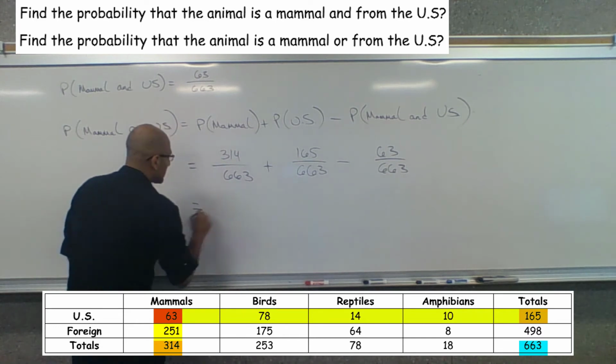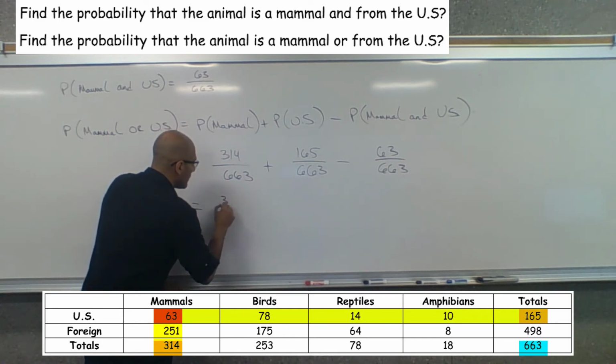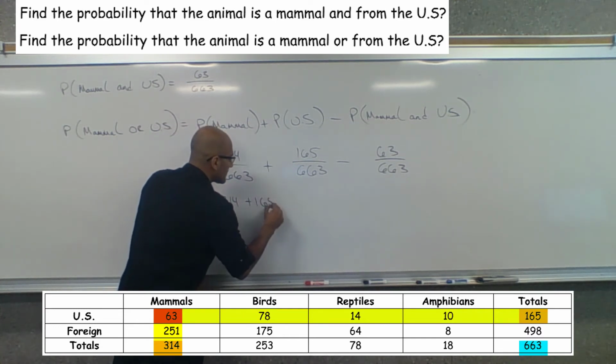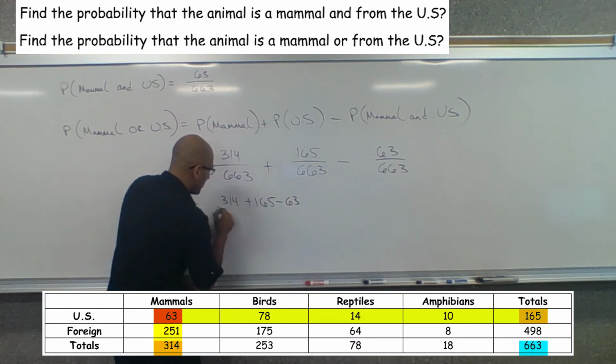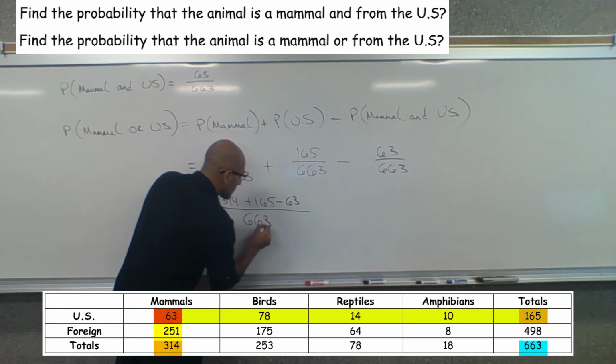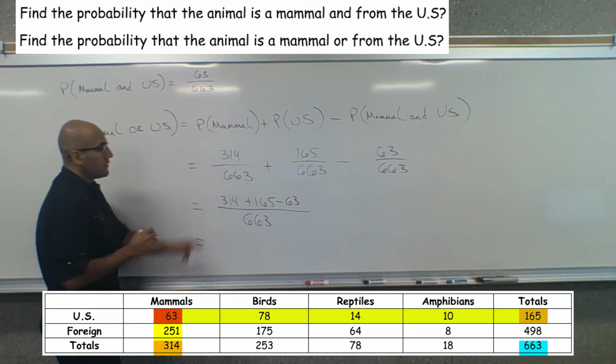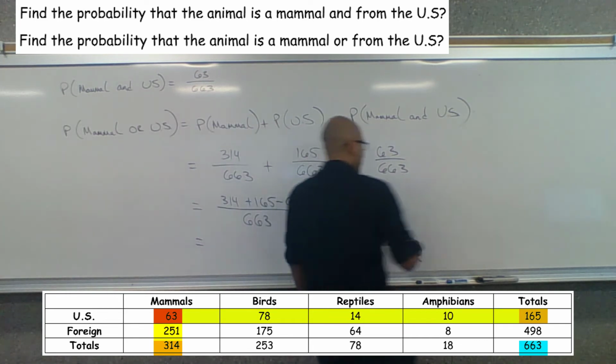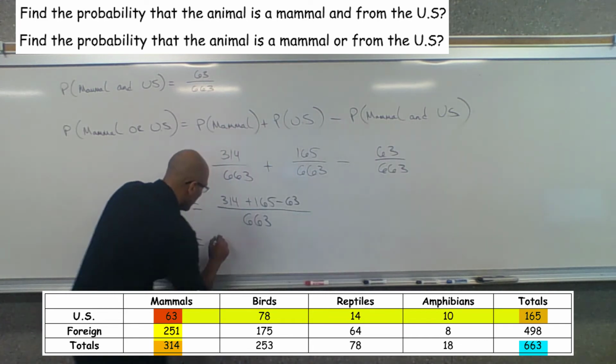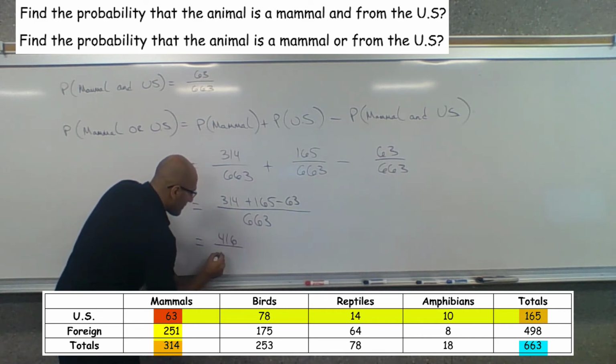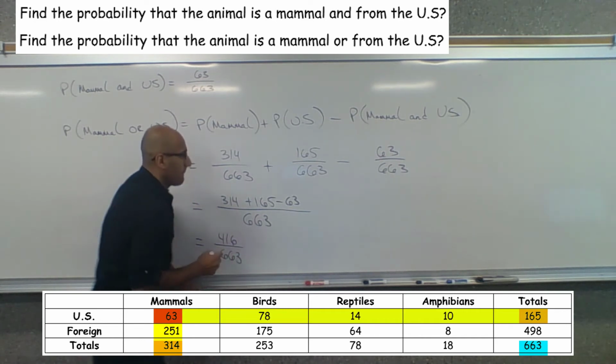So we can just tuck this under one big happy fraction. 314 plus 165 minus 63, divided by 663, which gives you 416 divided by 663.